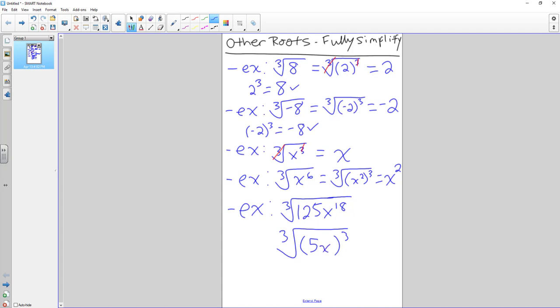And then for x, what times 3 gets me 18? So 6. X to the 6th to the 3rd, multiply 6 times 3 because of the power rule, to the 18th. Then the cube and the cube root cancel out, and I am left with 5x to the 6th. That's my fully simplified answer.